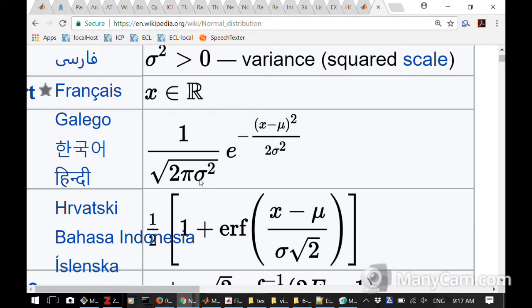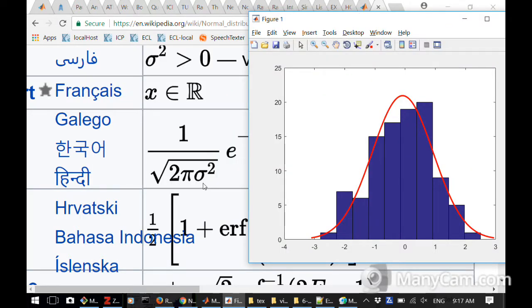Sigma squared is called the variance, and sigma itself is called the standard deviation. What does it give you? Sigma gives you the approximate width of this distribution. So if you have an enormous sigma, what does it mean? It means the points are really spread in this histogram. So the width of this histogram is too wide, right?